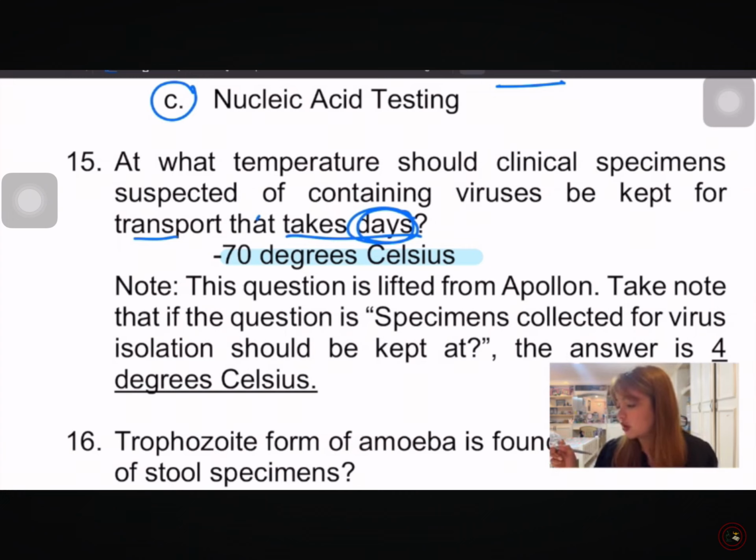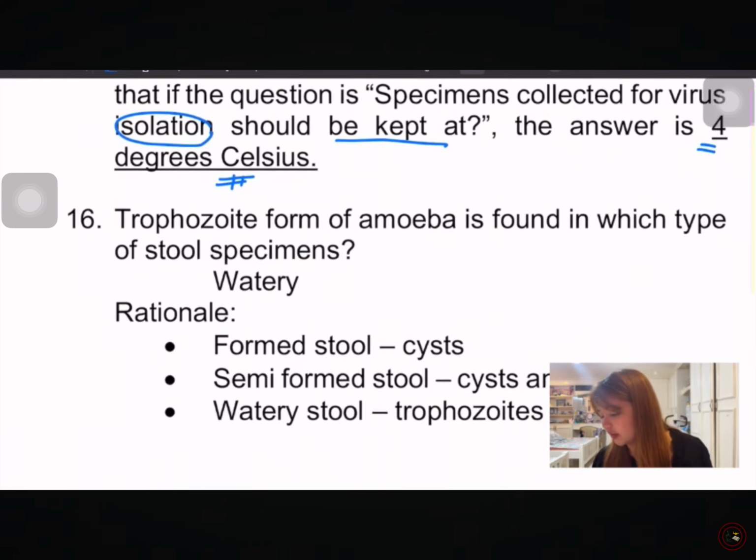My key term here is isolation, for virus isolation, so like its storage temperature. So, it's just 4 degrees Celsius. If the transport takes days, it needs to be relatively colder, negative 70, that's the required temperature in order for our virus to remain viable.